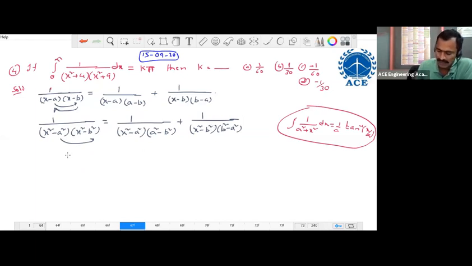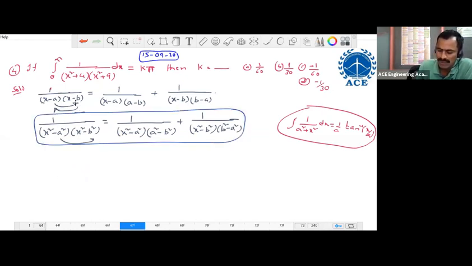Now we use this formula for our problem only. But in our problem, both are plus, x square plus 4, x square plus 9. So to use this formula for our given problem, we should write x square plus 4 as x square minus of minus 4. So we can use this boxed formula. Right?